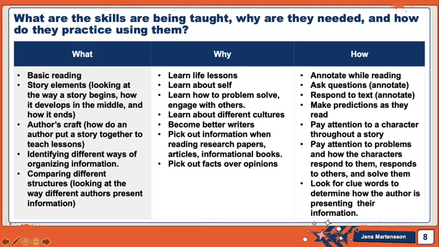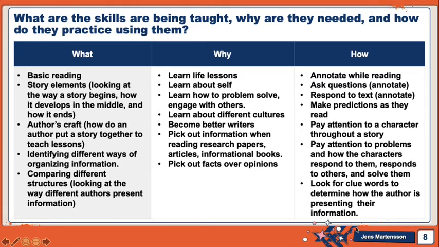As they're annotating, they should be asking questions throughout the text, asking questions about the characters' actions, about how they feel, about events that took place, responding to the text. How do they feel about what just happened? What connections have they made, things that they see that they've done or they've seen somebody else do? They should make predictions as they read and write those predictions down so that they can see if those predictions come true.